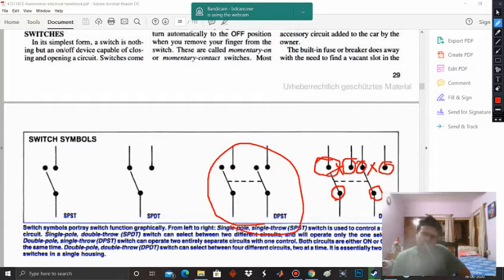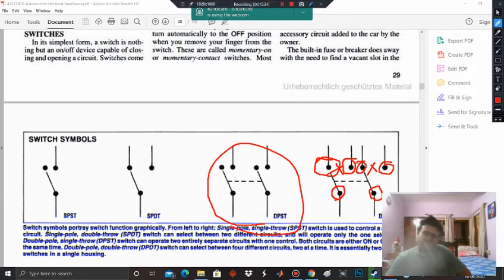So at plan level, you have to determine what circuit you are designing, how many configurations are there at different stages. For each configuration, employ one particular switch position. After that, depending on the interlinking of the circuits, you decide what switch you are going to use in your automotive system.